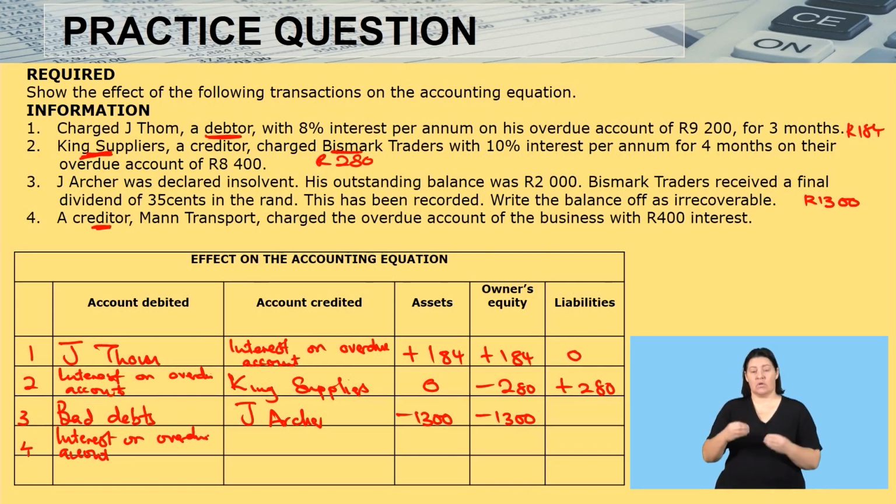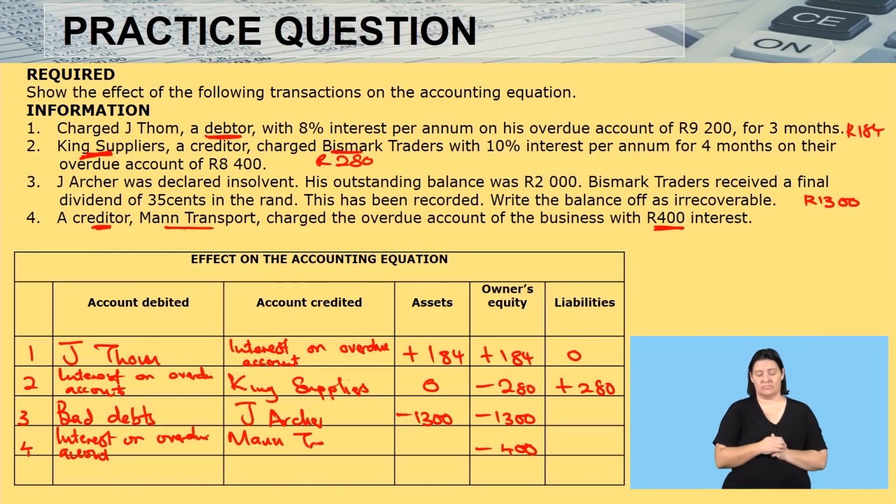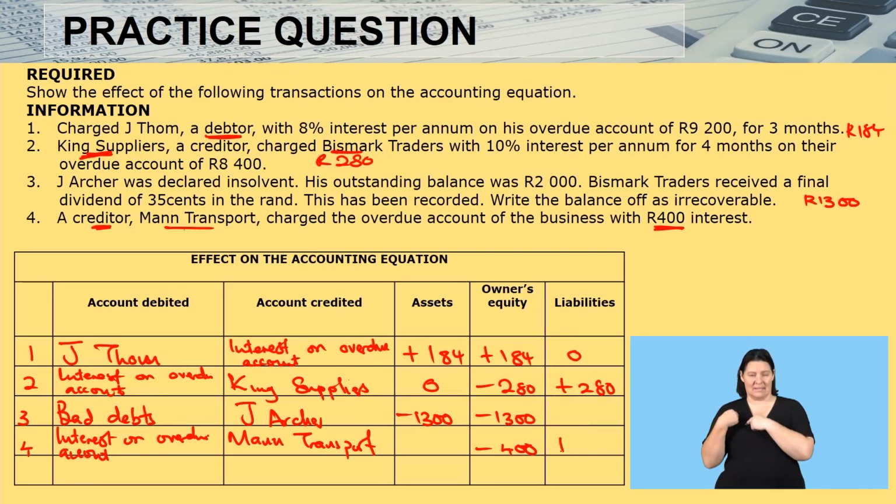It will come to owner's equity, minus 400, which is what we have here. And the other account is Man Transport, which is part of our creditors. So I'll say here Man Transport, which is part of our creditors. That means our liabilities have increased, plus 400. No effect on the assets.